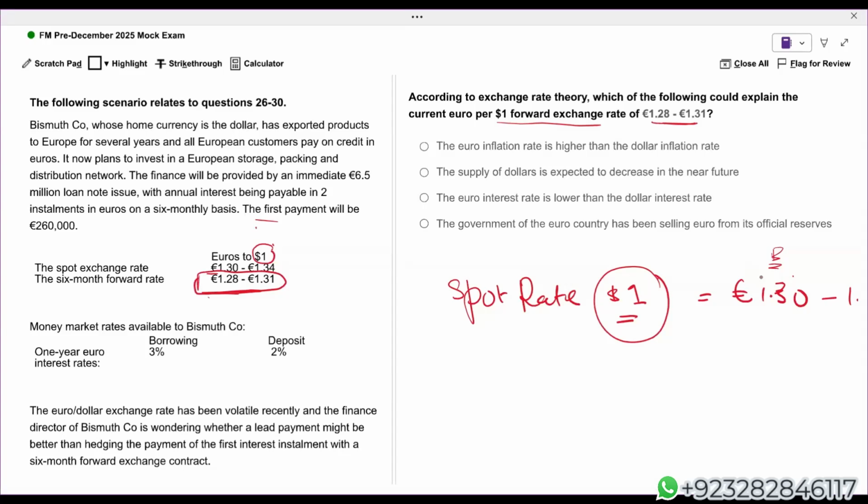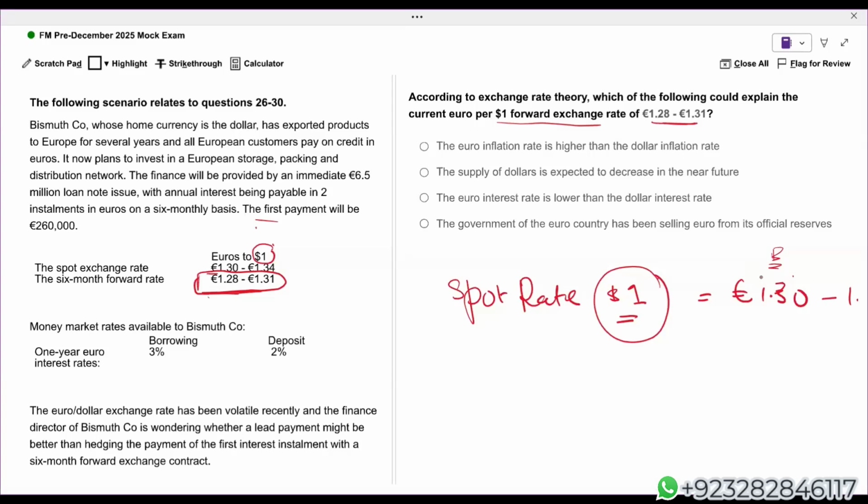In 6 months time as compared to spot, we can say one thing: euro is getting stronger. Why is euro getting stronger? Just take it very simple. Earlier in $1, let's say you were able to get 1.3 euros. But in 6 months time, in $1, you will be getting 1.28. So as compared to spot, euro is getting stronger.